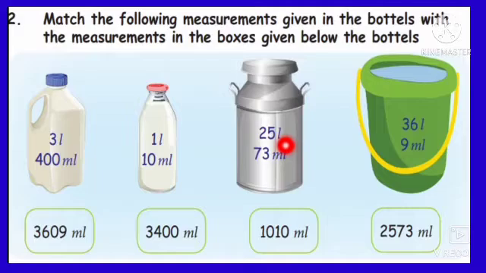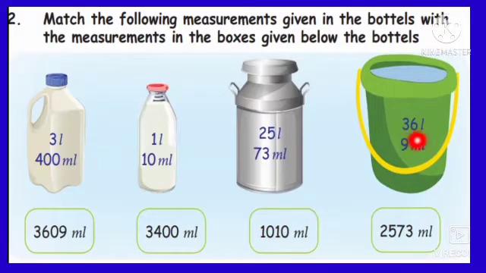25 liters, 73 milliliters. 1 liter is equal to 1000 milliliters. 25 liters will be 2500 milliliters. And 73 milliliters. When we add 2500 milliliters with 73 milliliters, we get 2573 milliliters.